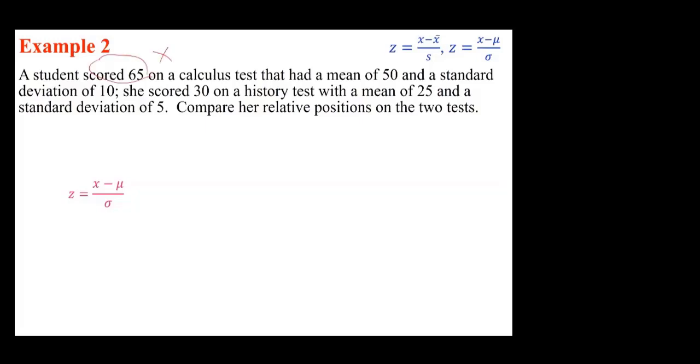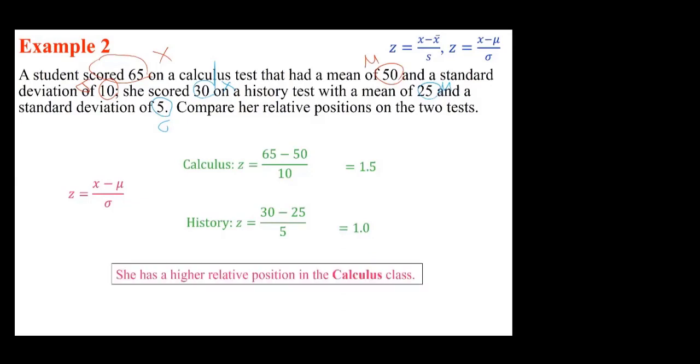The mean and the standard deviation, that's the first one, you calculate it. The next one is 30, so this is the x amount, if you will, the score. The mean is 25, so mu is 25, standard deviation. And you calculate that, and you end up with 1. Therefore, which one is higher? Clearly, according to the z-score, the first one.